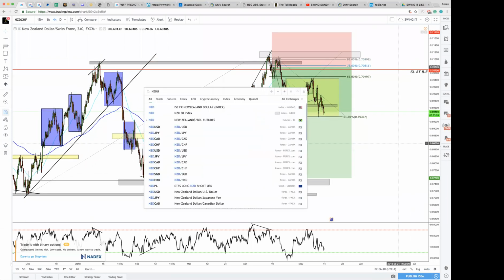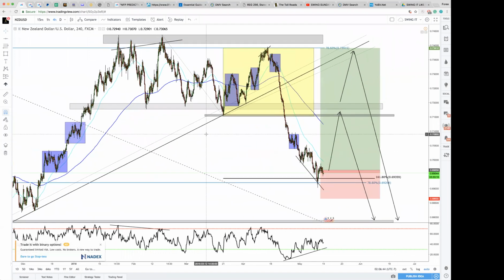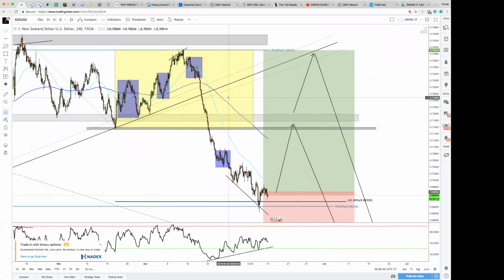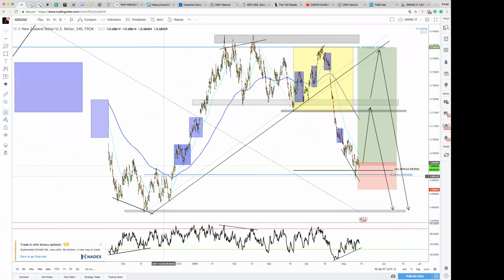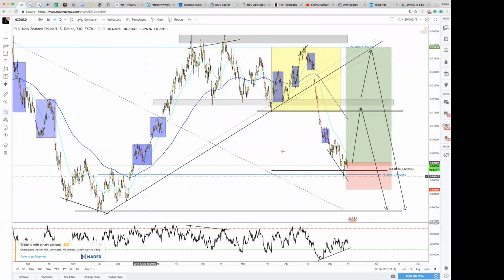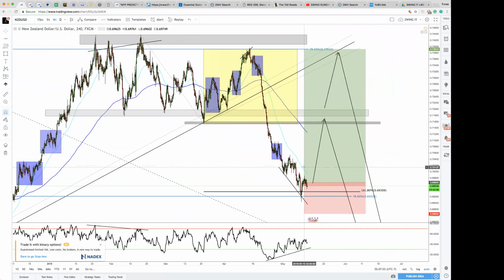Now, moving forward would be NZD-USD. NZD-USD has created a smaller structure. As you can see, W level 1, level 2, and an M formation, and then a nice level 1 and a big drop, level 2 consolidation, and a nice drop again at the 78.6. At the same time, it's a nice ABCD pattern that ends up at the 161.8.